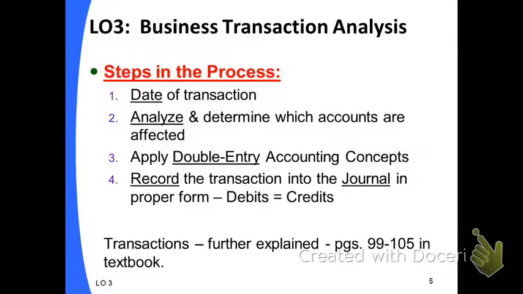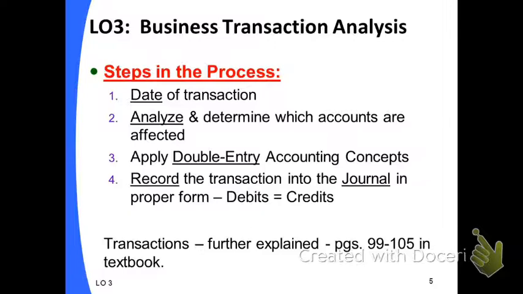The steps in the process are to first record the date, then analyze and determine the accounts that are affected. That's where we would go back to what we learned in learning objective number 1 with regard to the measurement issues of valuing, recognizing, and classifying our transaction.